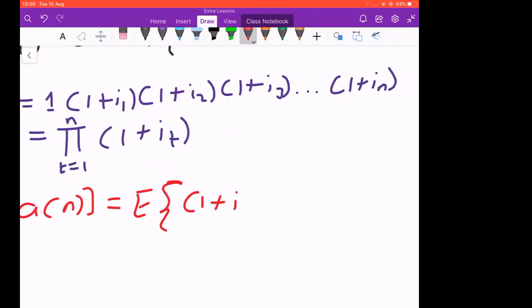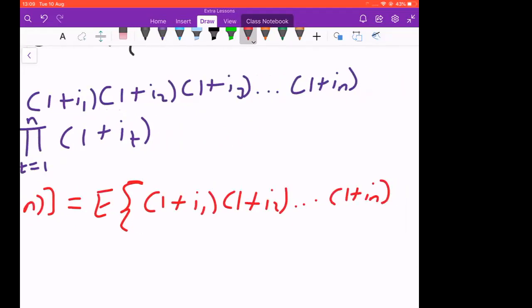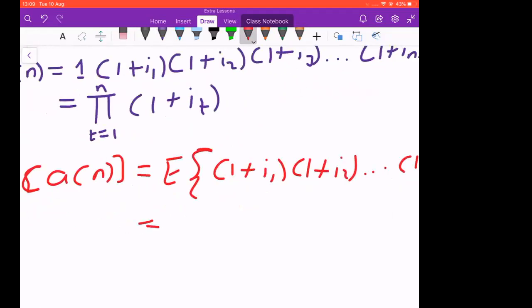You will have 1 plus i_1, 1 plus i_2, all the way to 1 plus i_n. So your answer will be the expectation of 1 plus i_1, expectation of 1 plus i_2, and the same thing applies up until the expectation of 1 plus i_n.